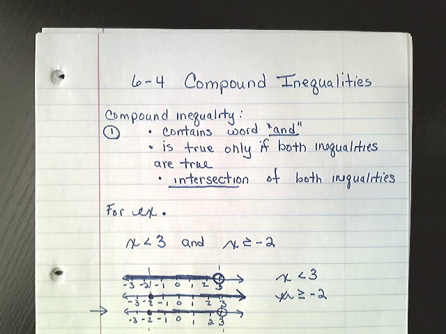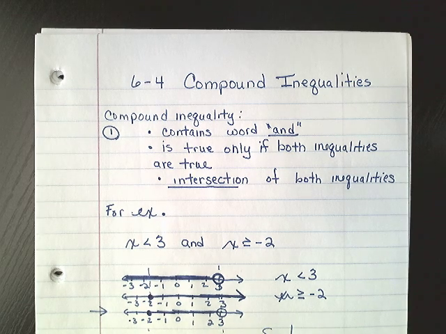Now how do we write that? For all values of x, we have negative 2 is less than or equal to x, which is less than 3.